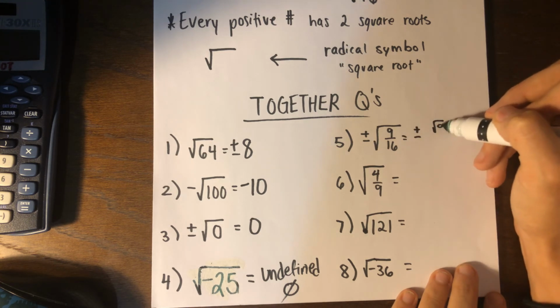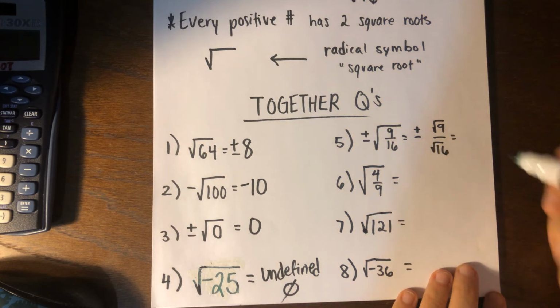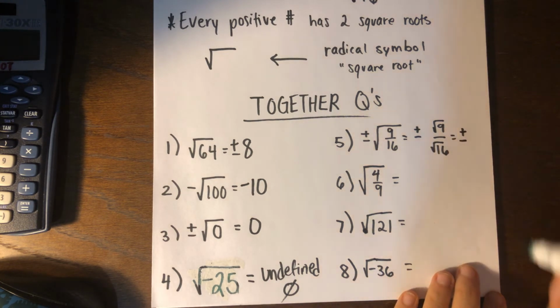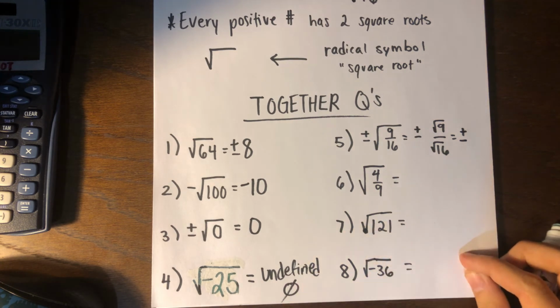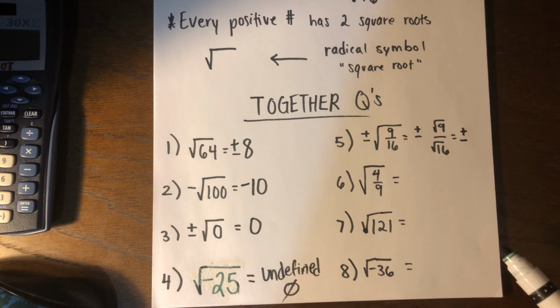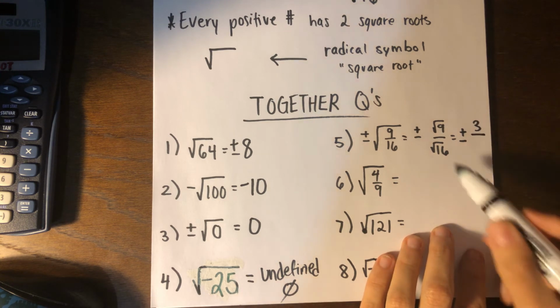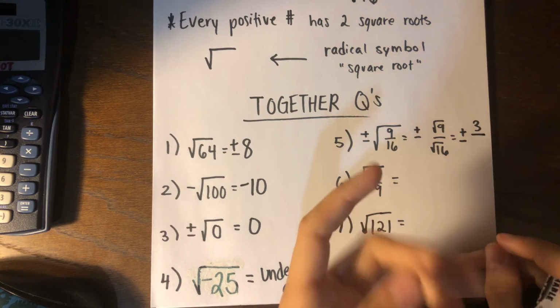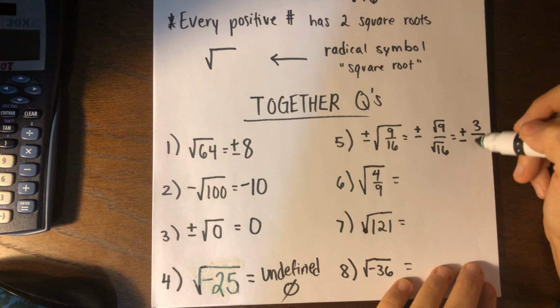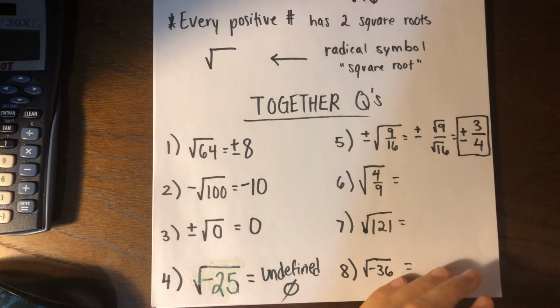So we're going to take the square root of 9 over the square root of 16. I'm going to carry my positive and negative. Okay? What is the square root of 9? What times what gives you 9? It's the same number. 3. What's the square root of 16? We know from above that that's 4. So our answer is positive and negative 3/4 for this one.